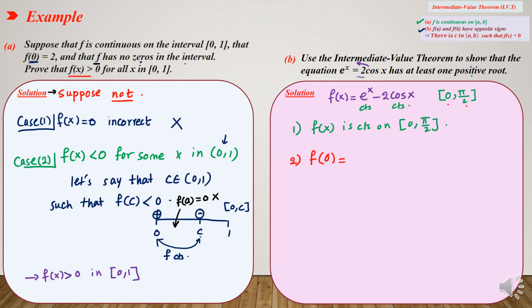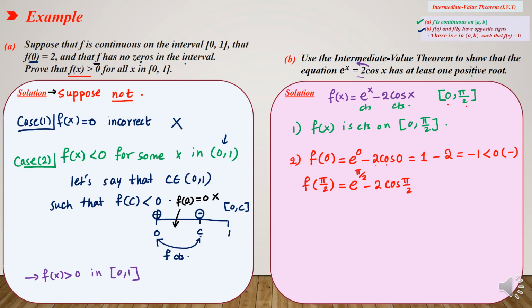Now f of 0 is e to the 0 minus 2 cosine 0. e to the 0 is 1, minus cosine 0 is 1 multiplied by 2 equals 2, and you will get negative 1, which means it is negative, less than 0. Now what about the second endpoint, f of pi over 2? This gives us e to the pi over 2 minus 2 cosine pi over 2.